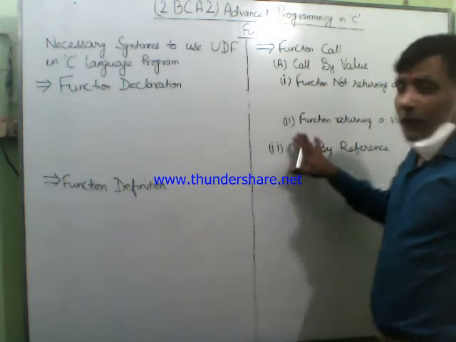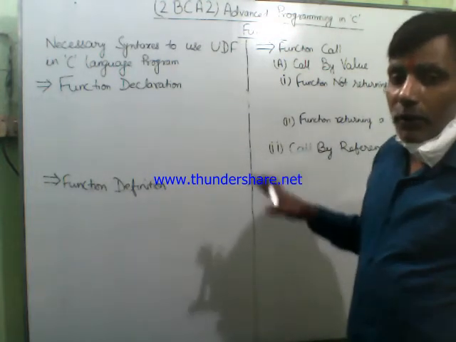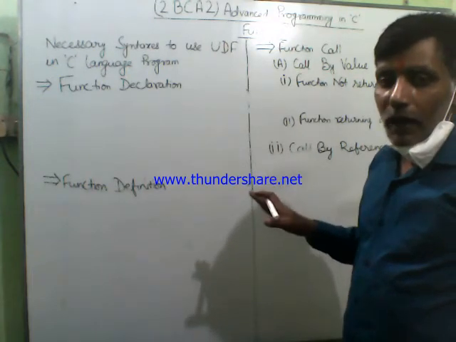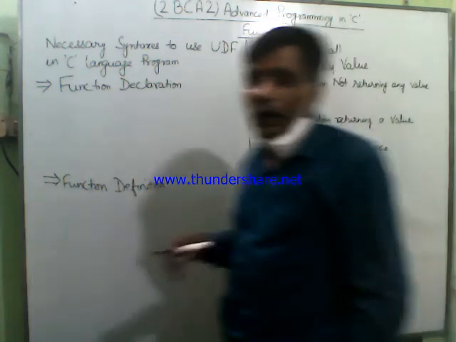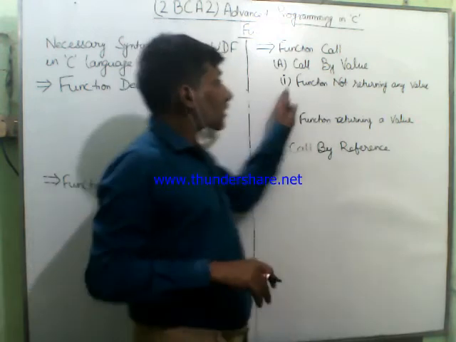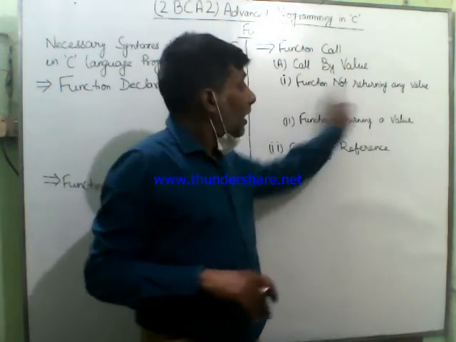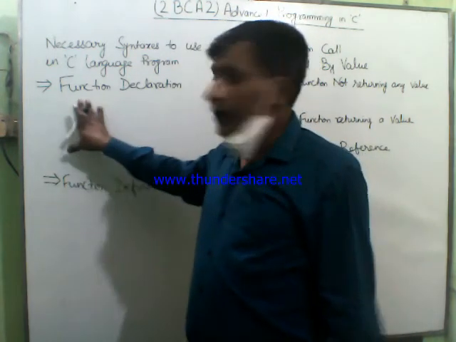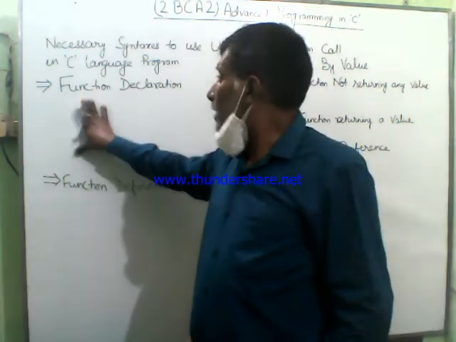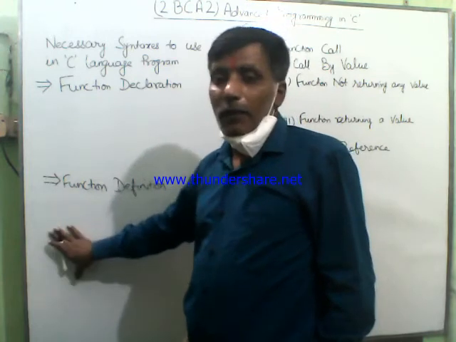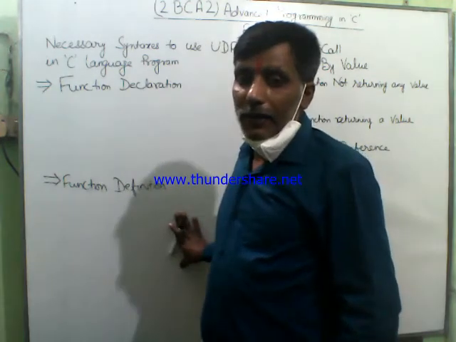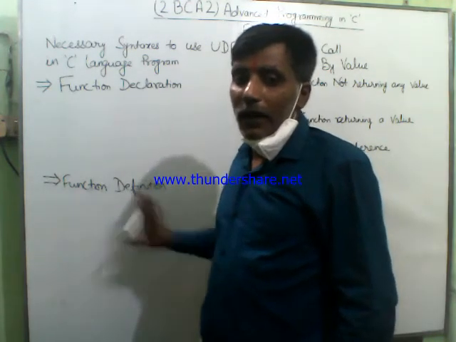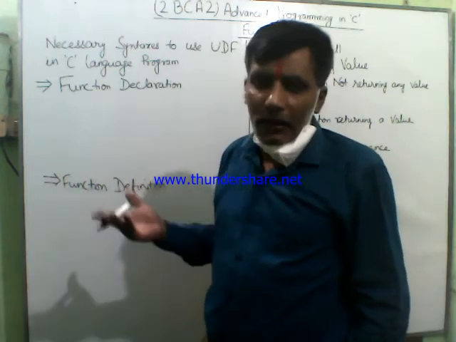Now, if you are going to use the user defined function and your user defined function is not returning any value, then you have to write while performing function declaration and while performing function definition about the information that your function is not returning any value.